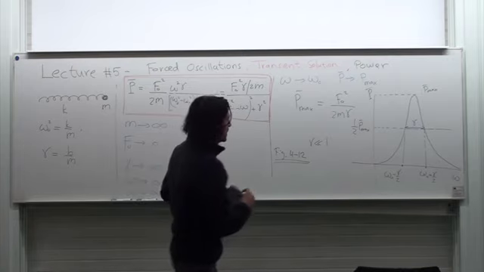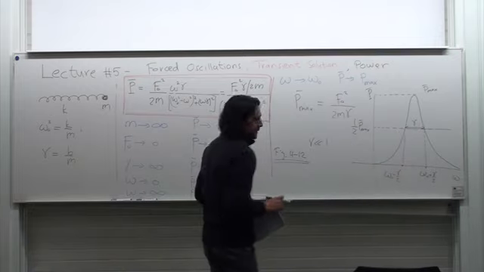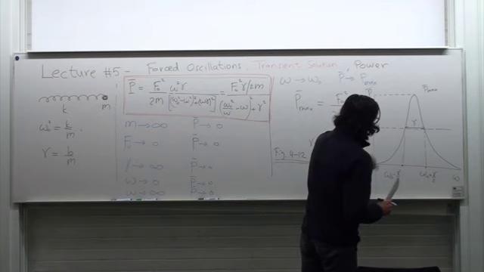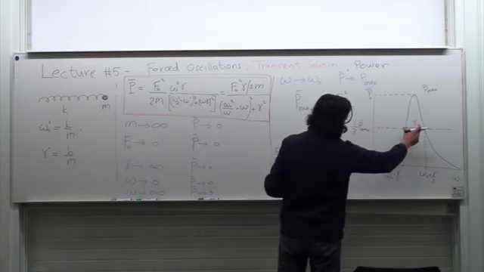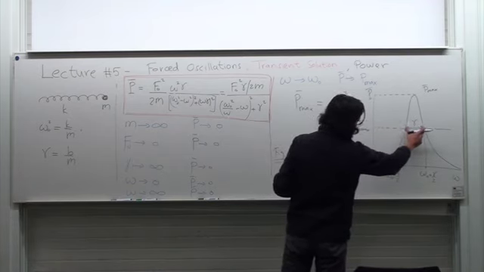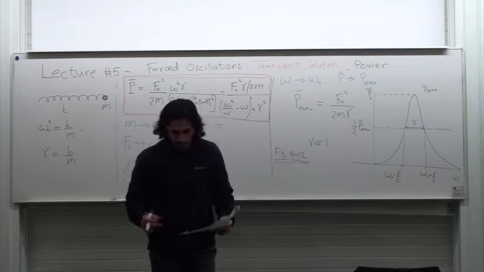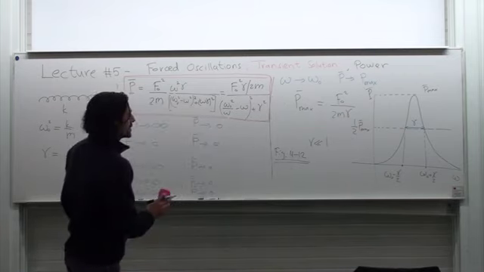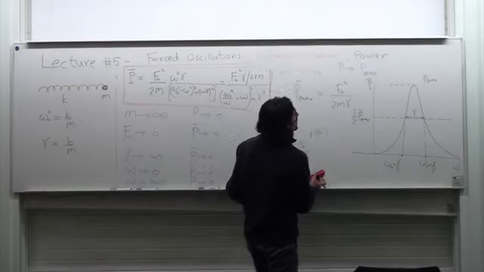Let's prove this. Let's show that at half P max, if gamma is very small, then indeed the width here would actually be gamma. It's quite easy. This will be the last thing we do today.